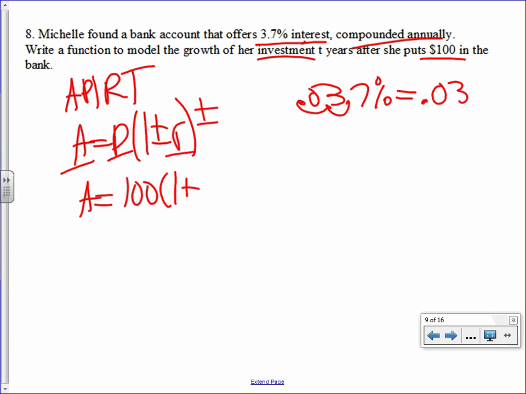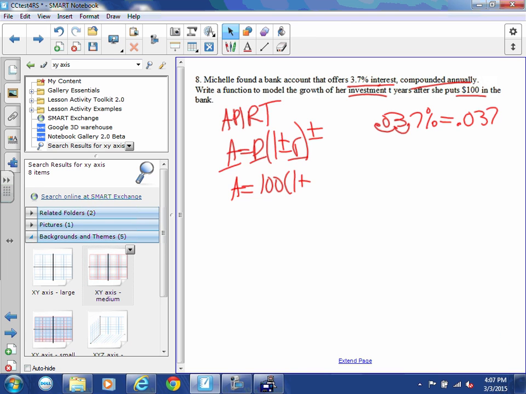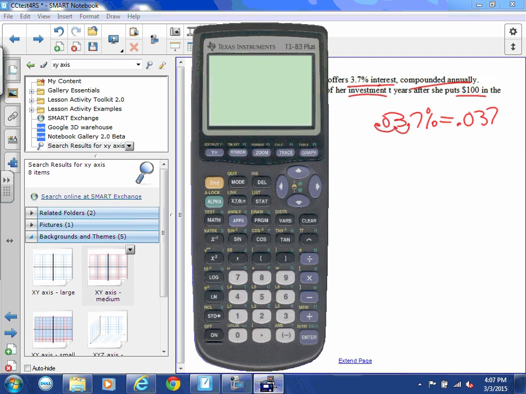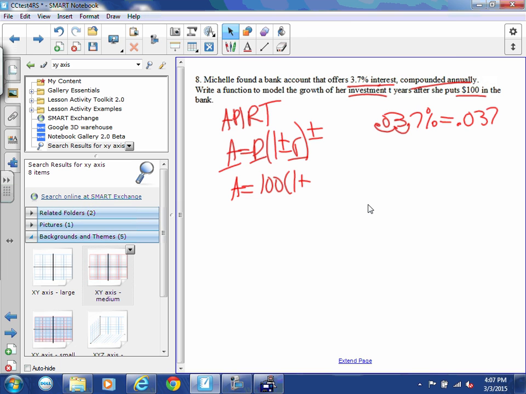However, many of you are making mistakes doing that, so you could also just go to your calculator, turn your calculator on, of course, and do 3.7 divided by 100 to get 0.037. To the power of t, in this case.